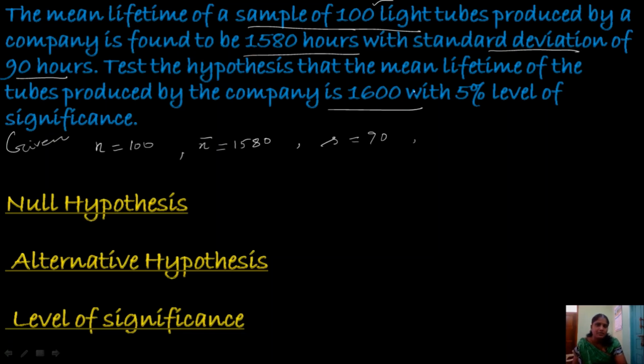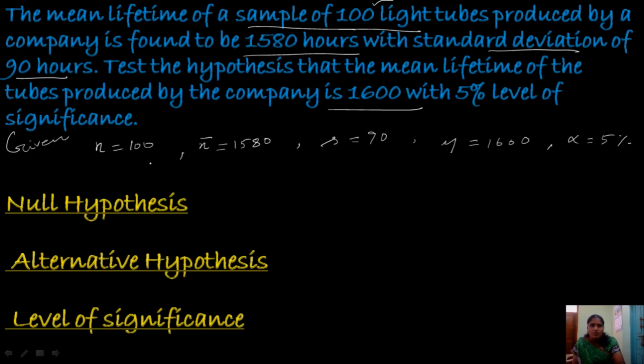Test the hypothesis that the mean lifetime of the tubes produced by the company is, so the mean of the population is given as 1600 with 5% level of significance. Here the value of alpha is also given. So these are all the values given in the problem.